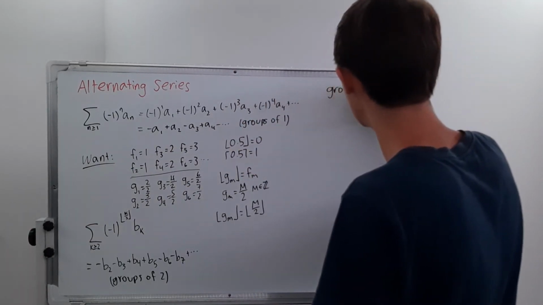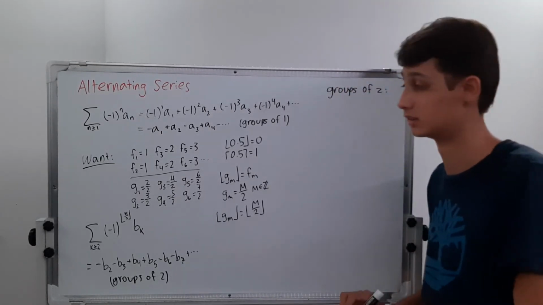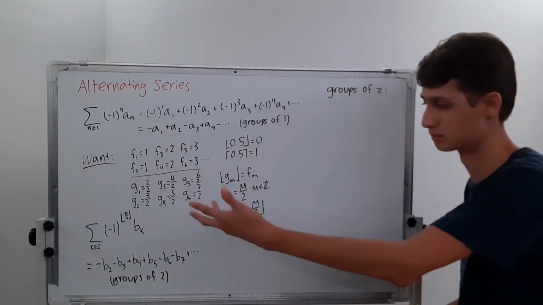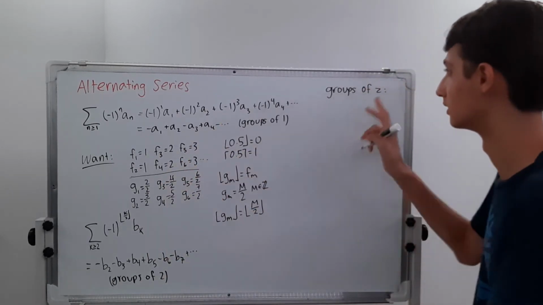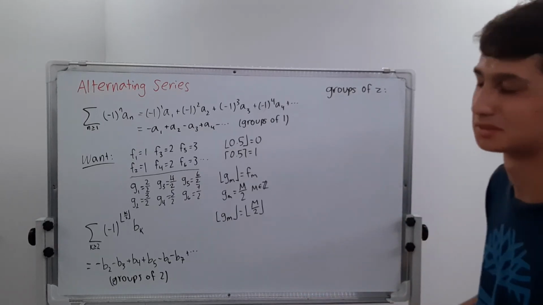Groups of z, for z as some integer, of course, because we can't have a half of a group of numbers. Because we're dealing with sums here, it's going to be all integers. Natural numbers, actually, because it can't be negative, because it can't have a negative number of terms.